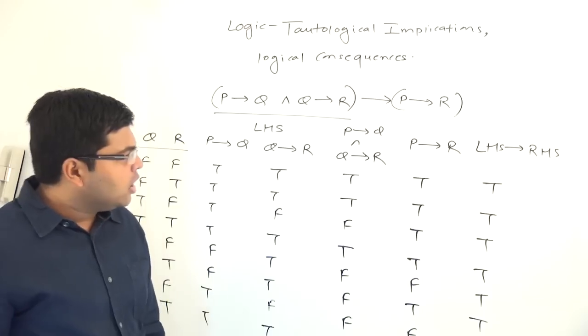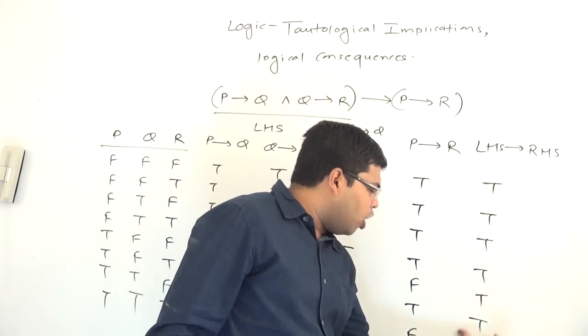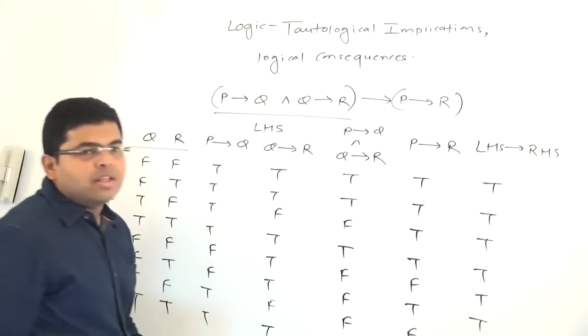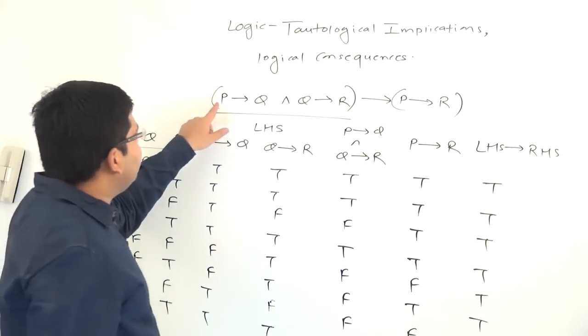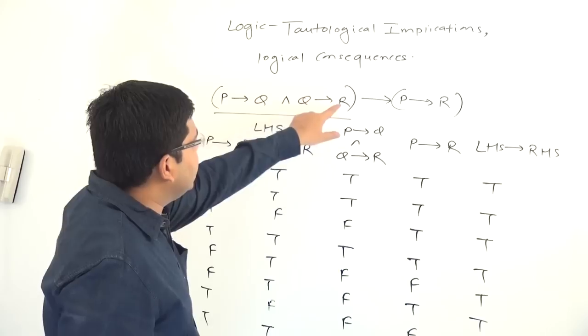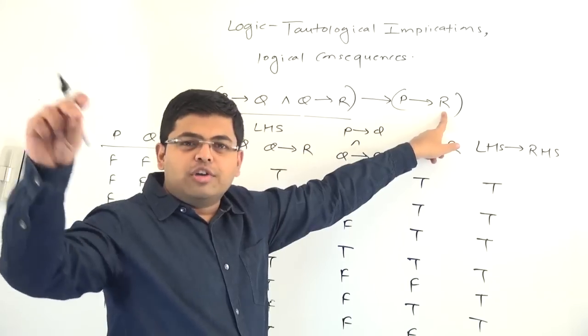Now you can observe that in the final column of the implication, all values are true. And therefore, what you can say is that the implication (P implies Q and Q implies R) implies (P implies R) is always true.